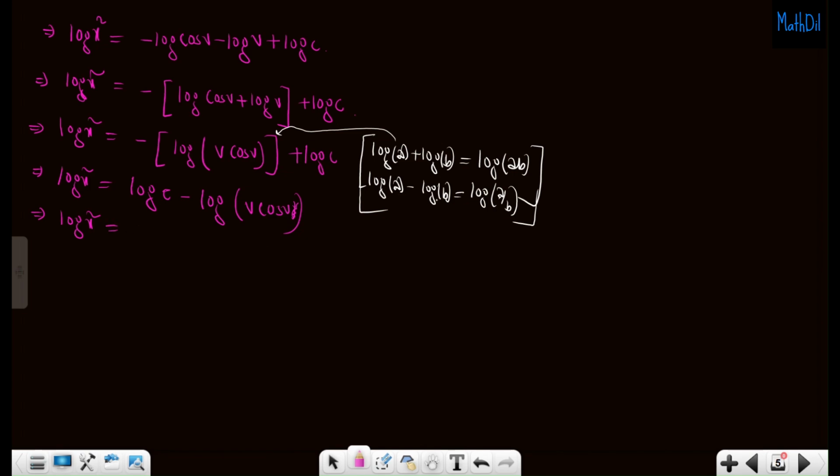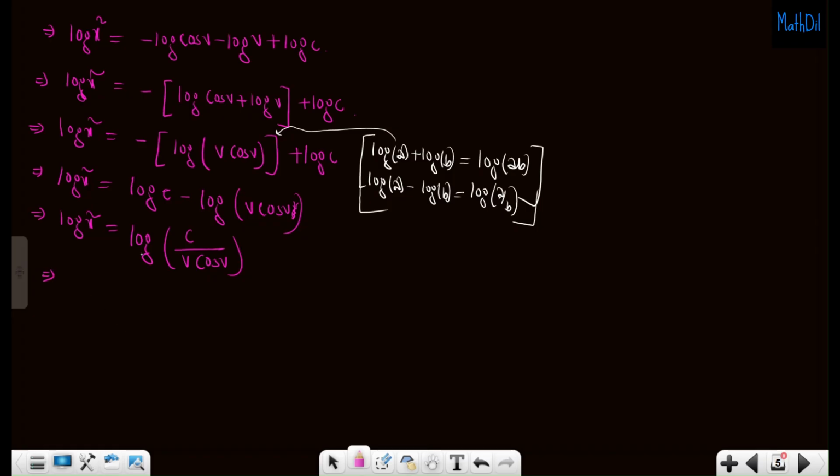We will use this property: log a by b. So here it will be c by this one, v cos v. I hope you understand. If not, then the comment section is only for you.